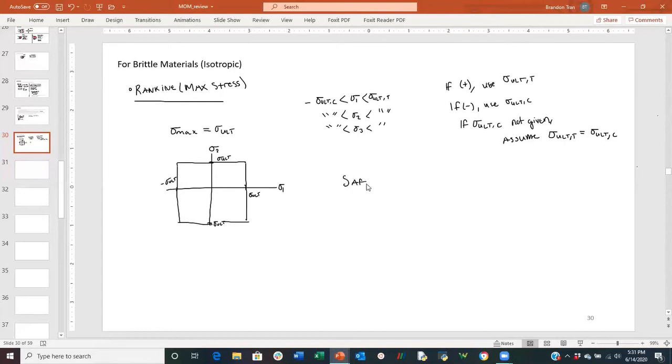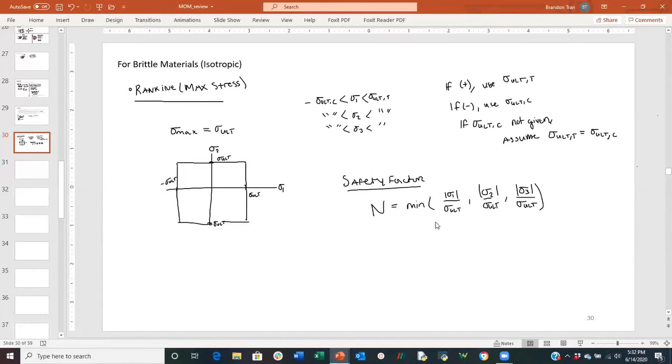So safety factor, which I'll denote as capital N. Safety factor for ranking is basically the minimum value of what you get if you compare each principal stress to their respective ultimate stress. Okay, so we determined that using safety factor.